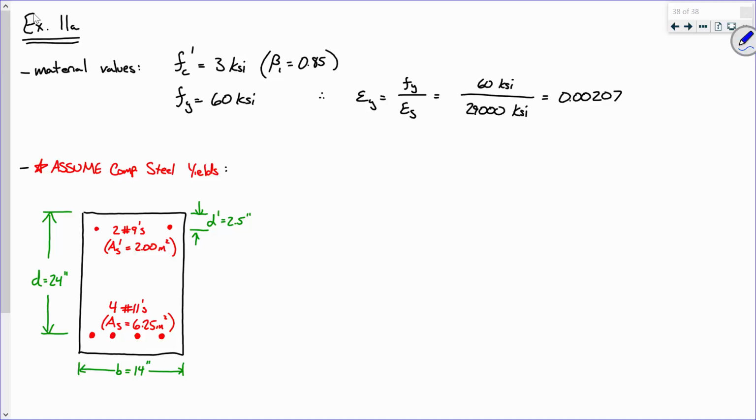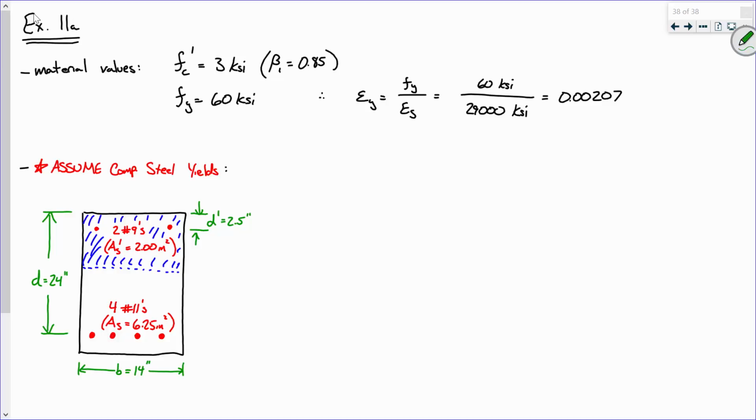Still the same goal as it was before. We're going to have some stress block, something like this, some region of the concrete that is in compression, and we need to determine what is the depth of that region such that C equals T. Okay?